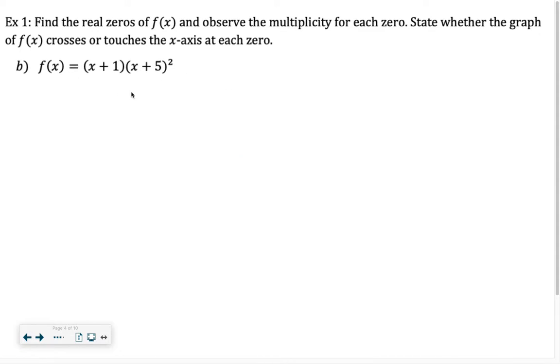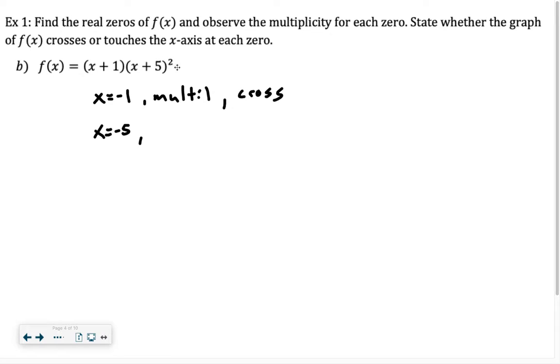On this one, we only have 2 zeros. For this first one, we'll get x equals -1 when I set this equal to 0. The multiplicity is just 1, which means the graph crosses the x-axis at -1. My second 0 would be x equals -5.